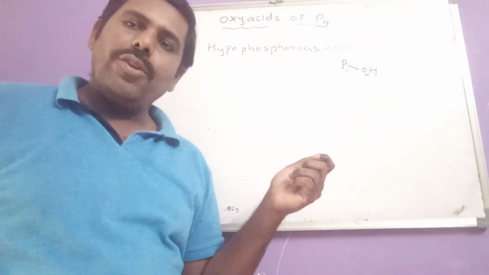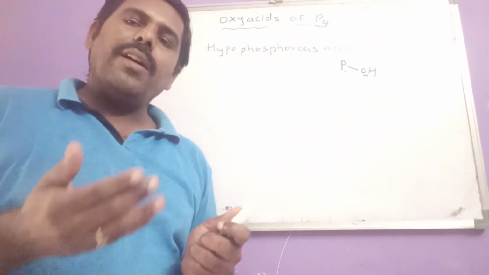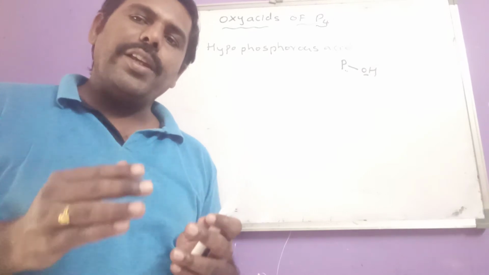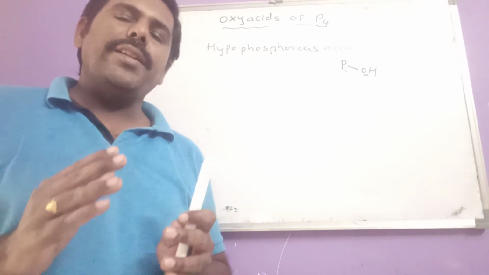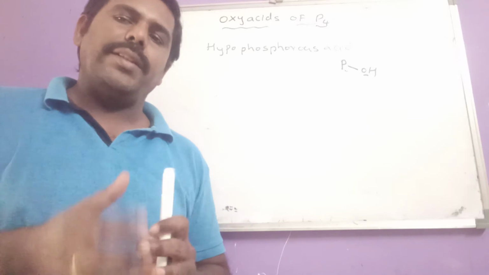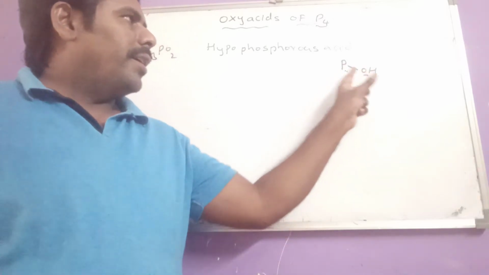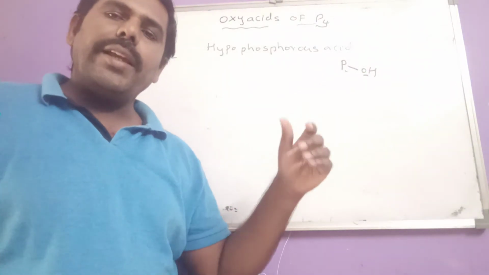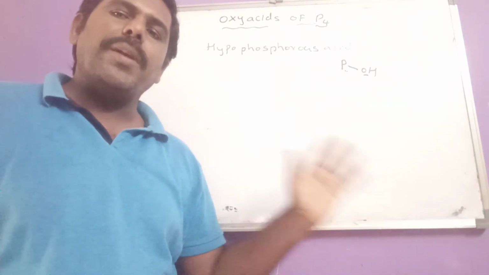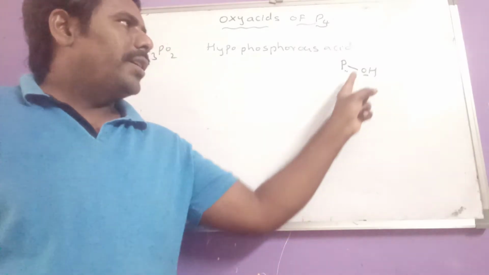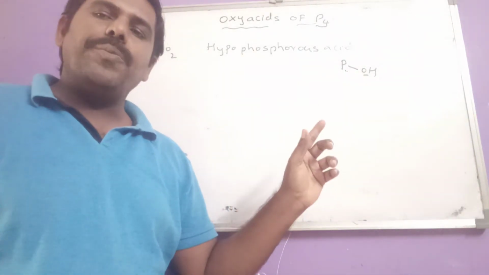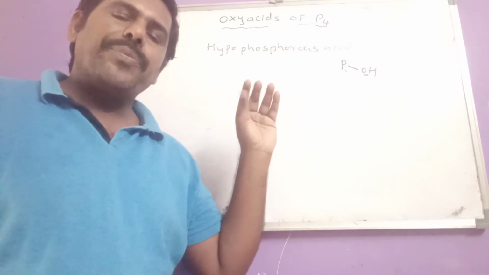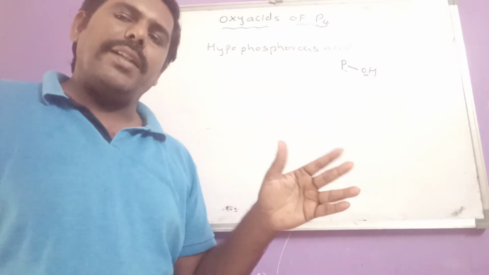Basicity means the number of H plus ions donated by one molecule of an acid. And when hydrogen is bonded to oxygen, then only it comes out as H plus ion. So the number of OH groups present in one molecule of this acid indicates its basicity.